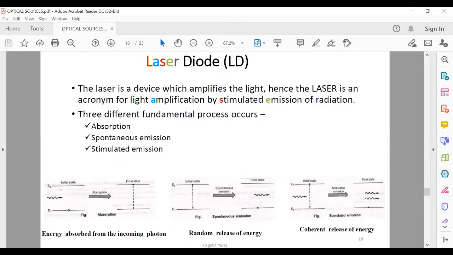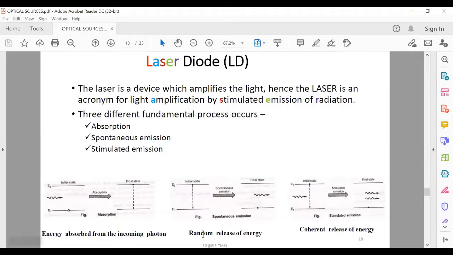So an atom which is initially in the lower energy state, when a photon with energy E2 minus E1 is incident on the atom, it will be excited and it goes into the higher energy state E2 through the absorption of the photon.